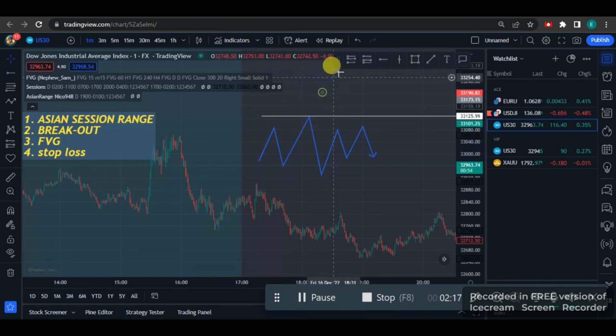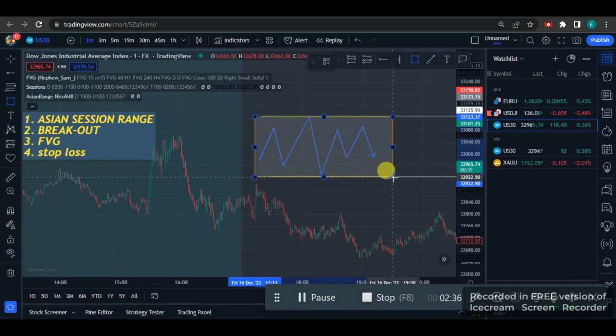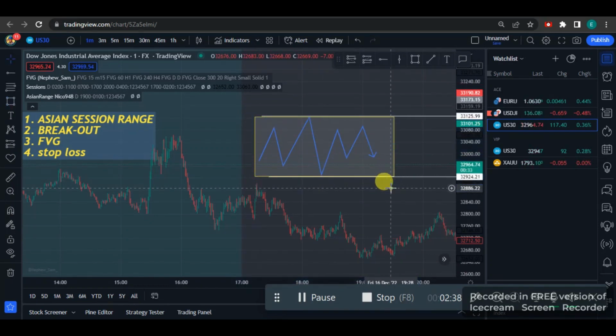When I mean the highs and the lows, I mean the highest point price got to within that Asian session range. Like this is the highest point price got to, and this is the lowest point price got to. So what I usually like to do is pick out a box, this rectangle tool, and draw it around this Asian session range like this.